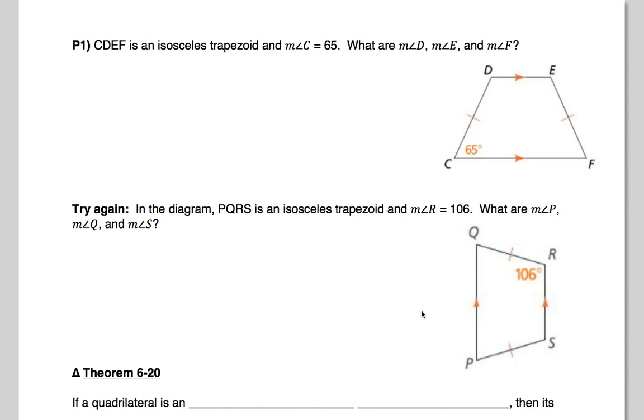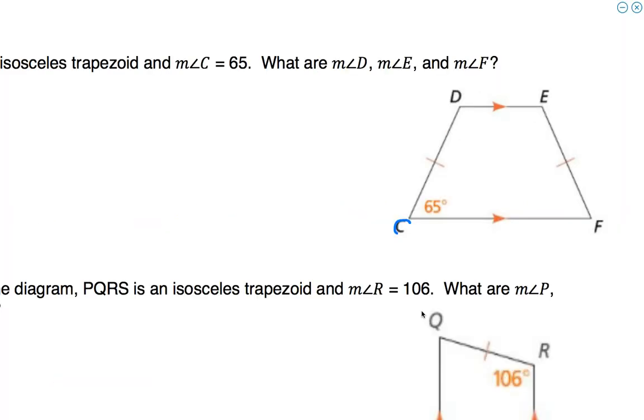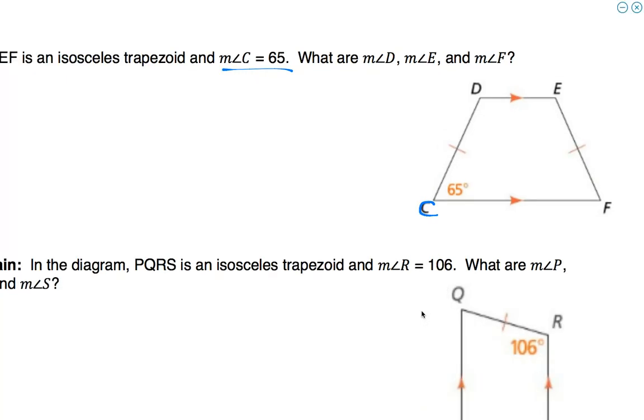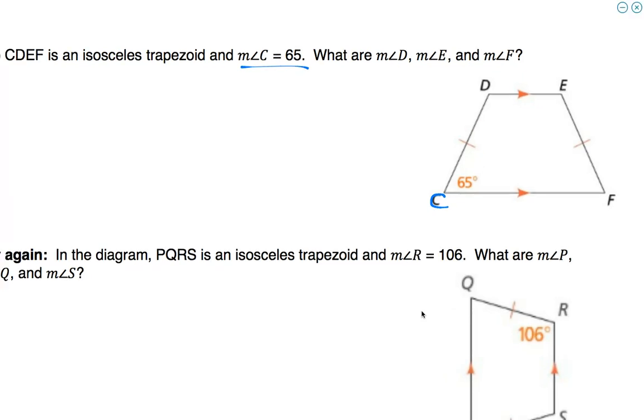So CDEF is an isosceles trapezoid, and the measure of angle C is 65. What are the measures of angles D, E, and F? From theorem 6.19, we know that the measure of angle F is 65.